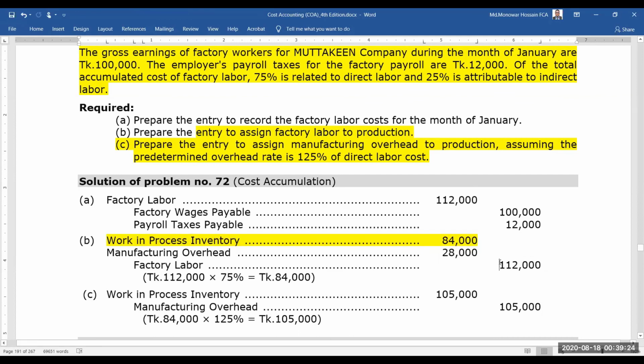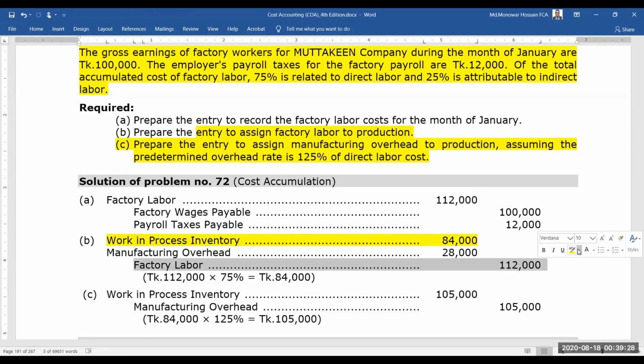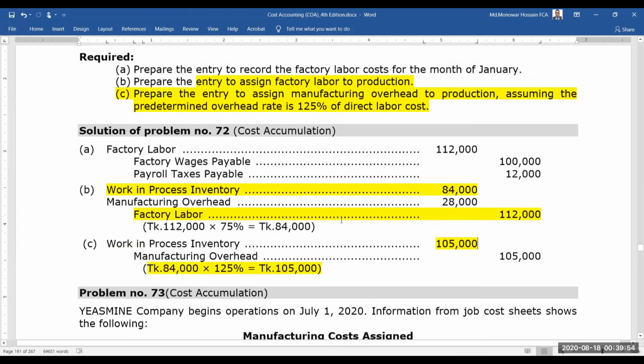Total 1,12,000 is the factory labor. I think it's clear to you. And then 125% of 84,000 will get 1,05,000. So work in progress inventory 1,05,000 and manufacturing overhead 1,05,000.